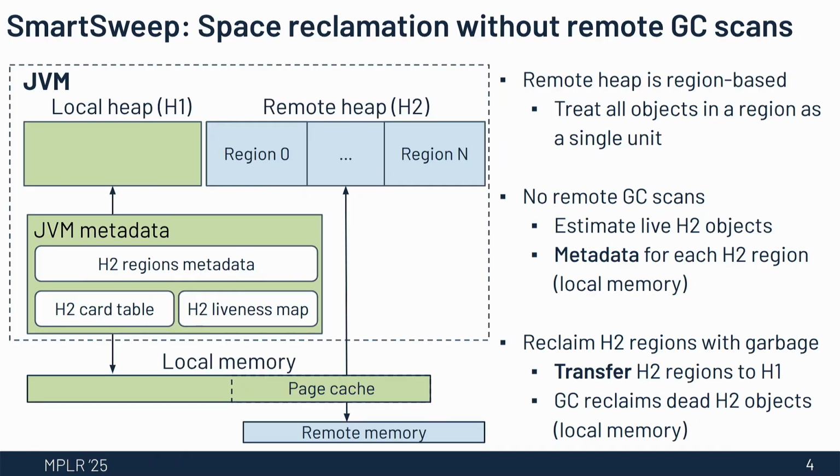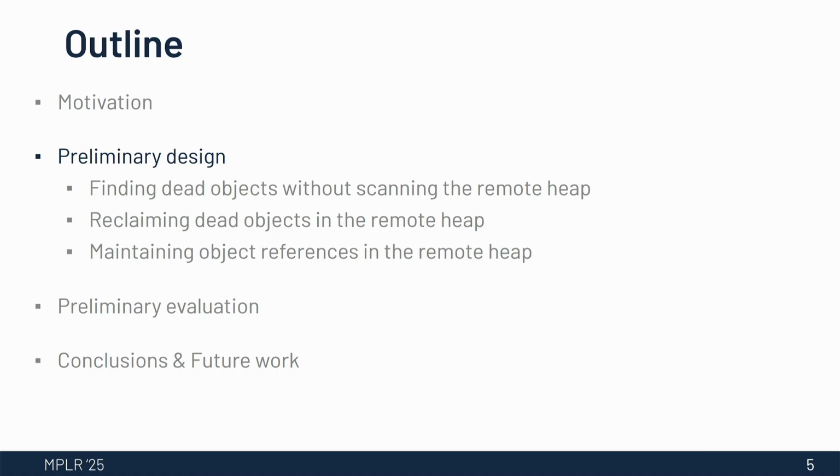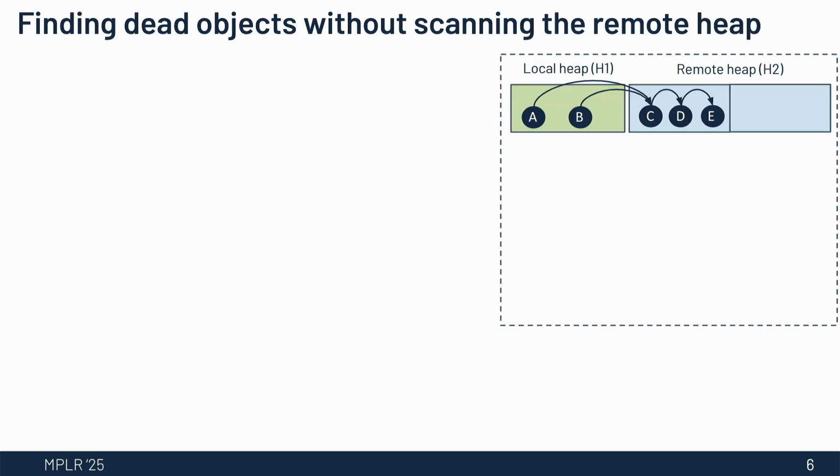To reclaim the dead objects in H2, we transfer regions from the remote heap back to the first heap, and we allow the garbage collector to work locally and reclaim these objects. Next, after explaining the problem statement and the overview of our solution, I'll present the preliminary design and implementation of SmartSweep, and at the end, some preliminary but promising results.